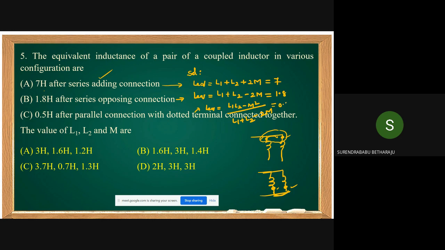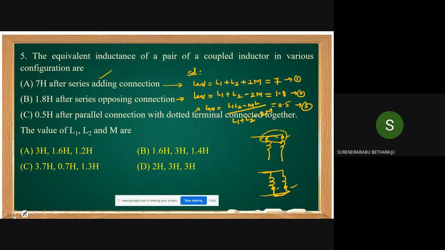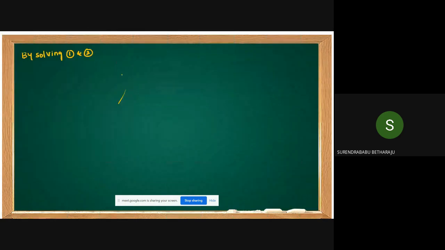This is 0.5. Then you want to find L1, L2 and M. This is equation 1, this is equation 2, this is equation 3. By solving 1 and 2, what can I do? I will do 1 plus 2. When I do 1 plus 2, 2M is cancelled.